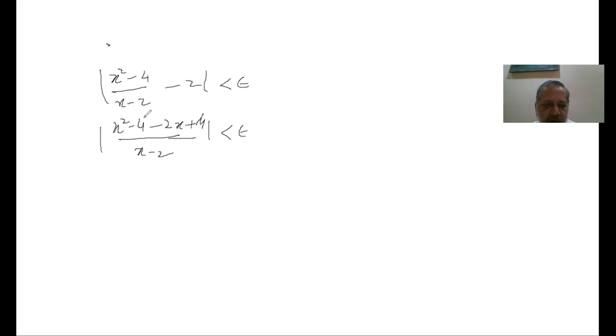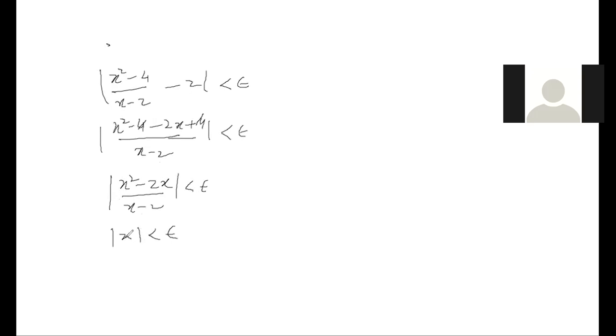In fact, 4 and minus 4 cancel out, and that gives you x squared minus 2x upon x minus 2, mod less than epsilon, which ultimately gives you mod x is less than epsilon. Is it so? x common, x minus 2 cancels. So there is something wrong.